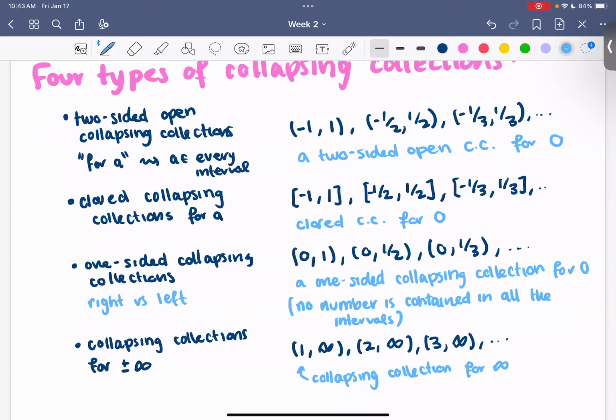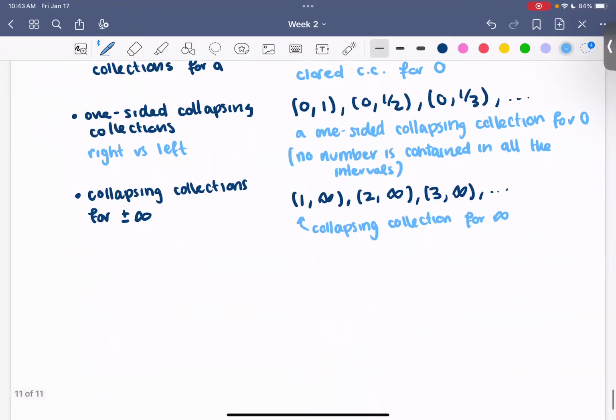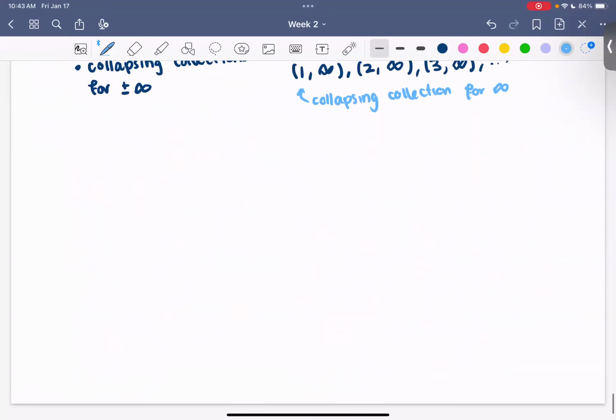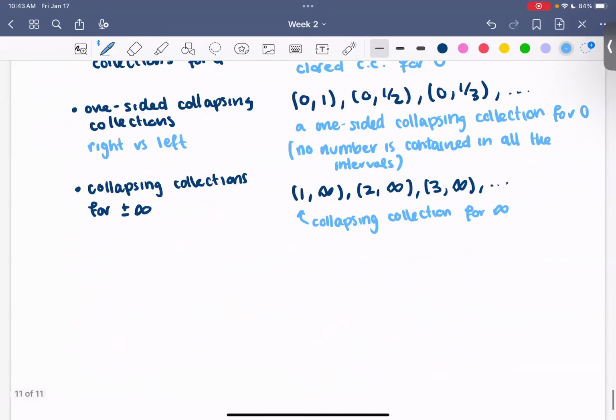There are going to be several facts that we'll use. So here's our first fact about collapsing collections, which is that the standard collapsing collection using reciprocals is in fact a collapsing collection.